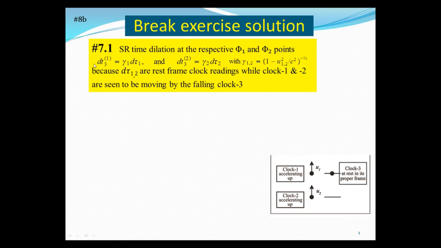Of course, he or she sees clock 1 as a moving clock, so here is the rest frame time and here is the moving clock time, and the same way for phi 2.